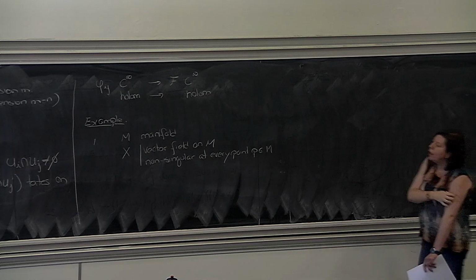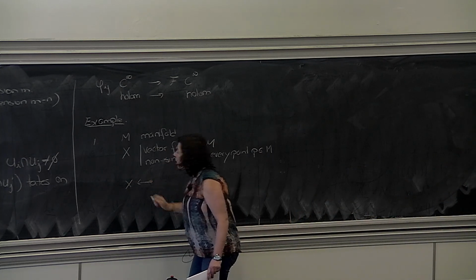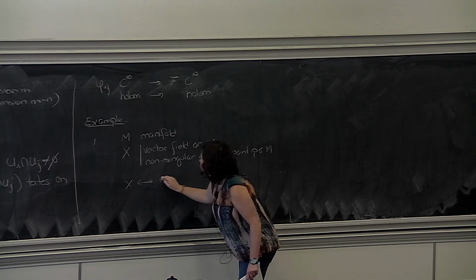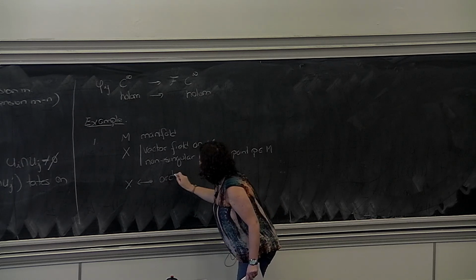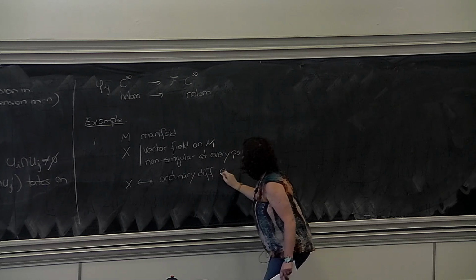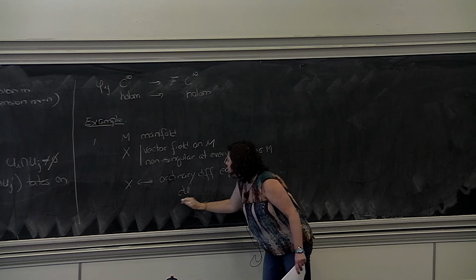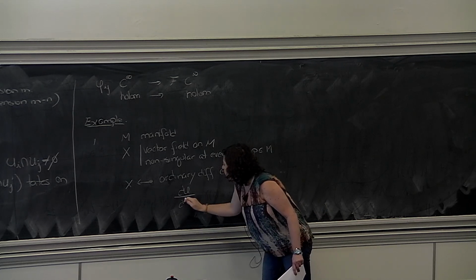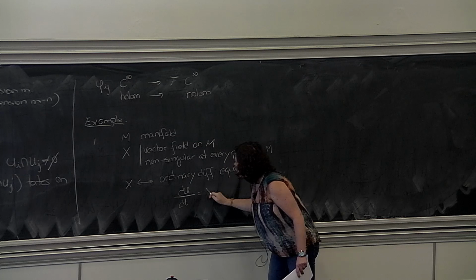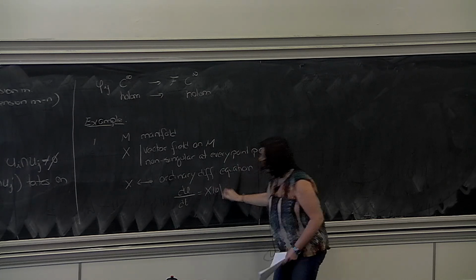So to the vector field X, we can associate an ordinary differential equation, that is, the derivative of small x with respect to t is X at x.